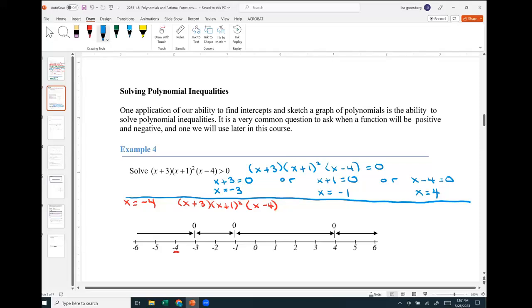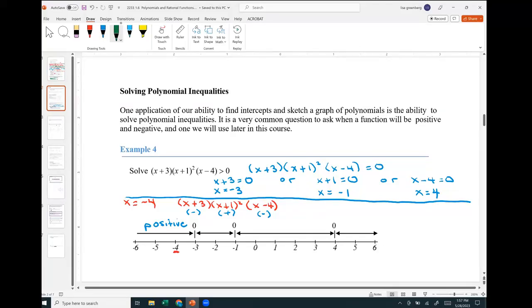So here, when I plug in -4, this becomes a negative number. No matter what this is, when I square it, it's always going to be positive. And then here we have -4 minus 4, again, a negative number. And when we multiply a negative times a positive, we get a negative, times a negative, we get a positive. So that means this interval has to be positive. And I think this makes it a little easier than worrying about what our values are, okay?